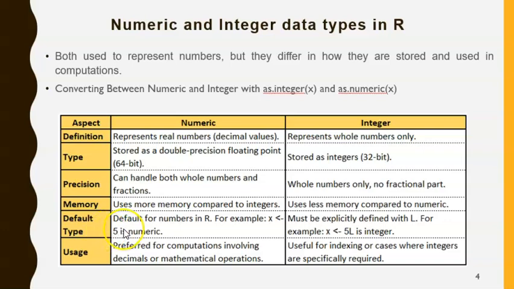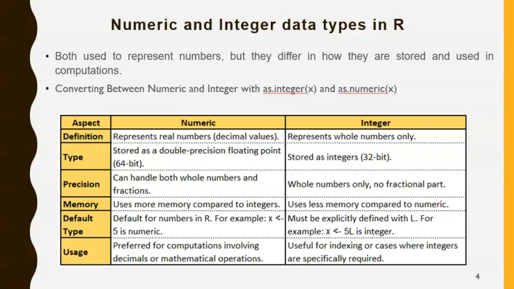So you must explicitly specify that they are integer, otherwise it goes for numeric and takes more space. The L sign is for telling it is an integer. So 5L means integer in R, but 5 means numeric.